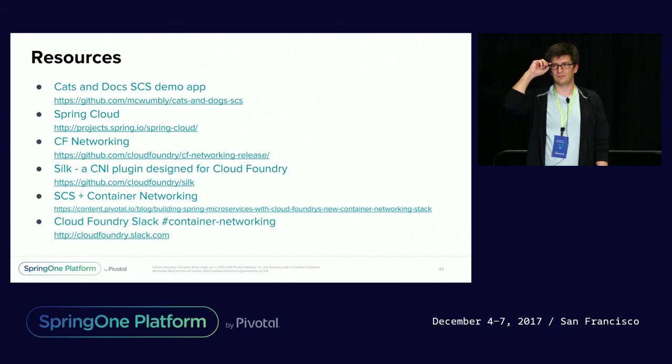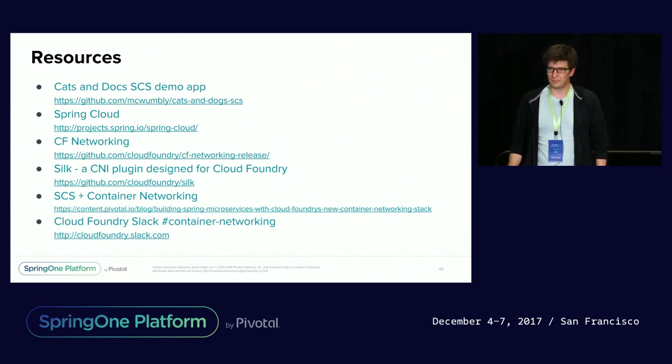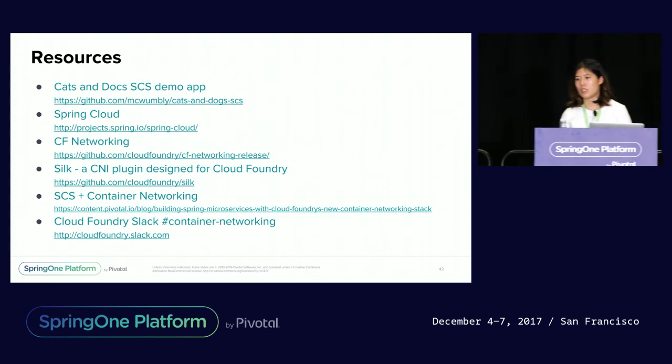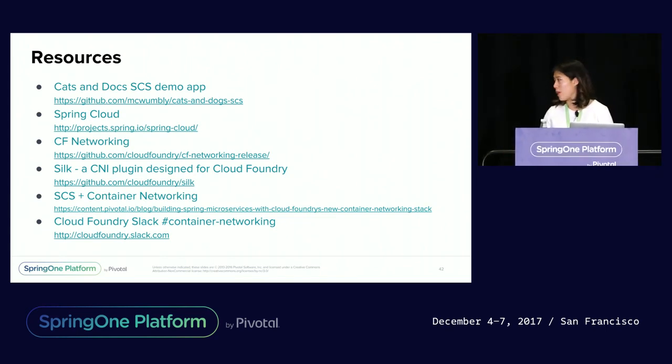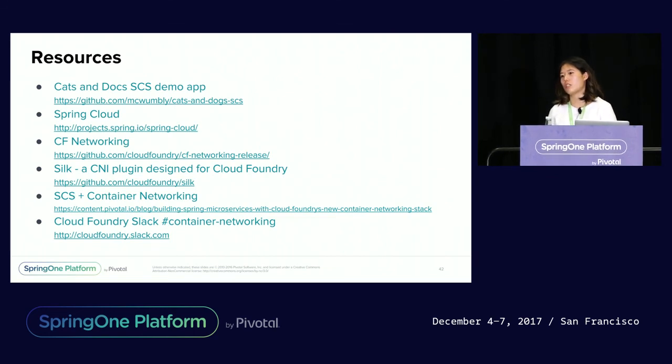Right here. If you did have an overlay network that spans multiple foundations, can you have policies that span across? So right now, container to container networking doesn't support the multiple foundation use case.